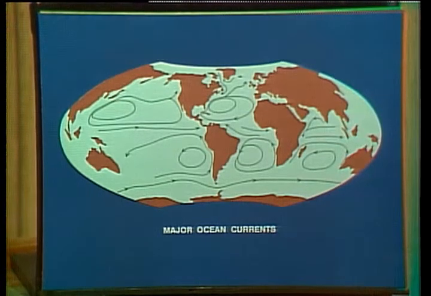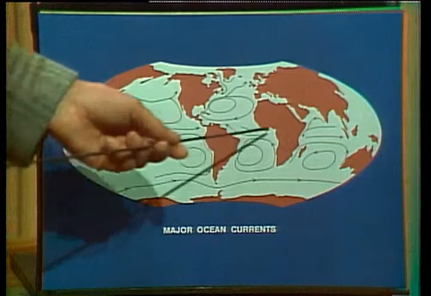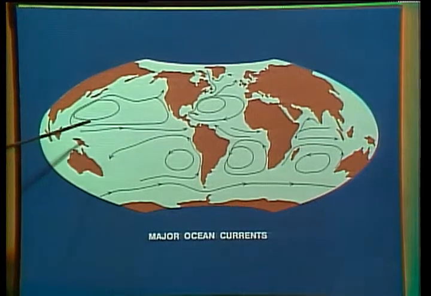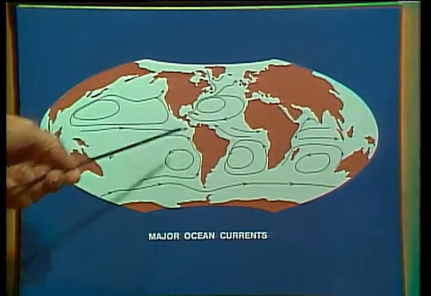And these are created by the prevailing westerly winds and the trade winds. In addition to these, there is another current which we didn't mention, and that is a countercurrent that runs along the equator directed from the west towards the east.